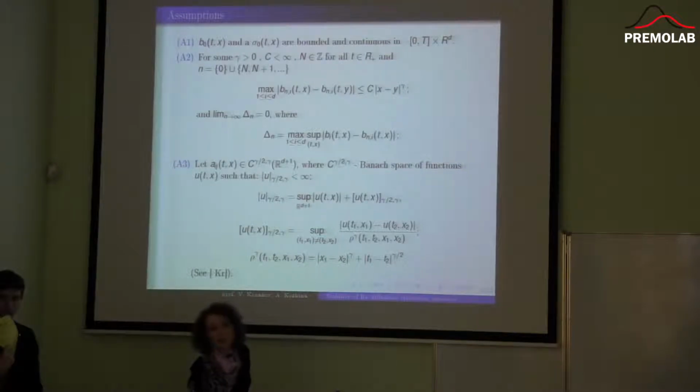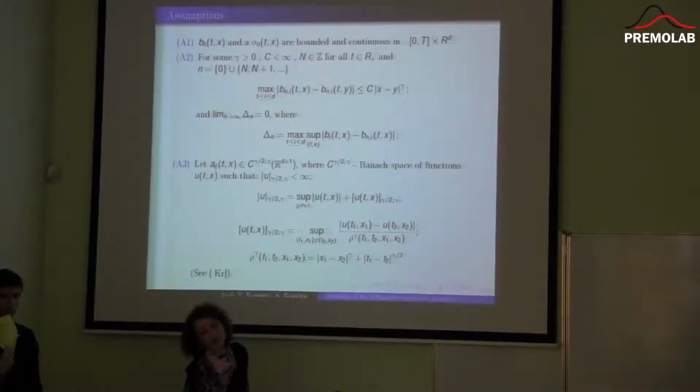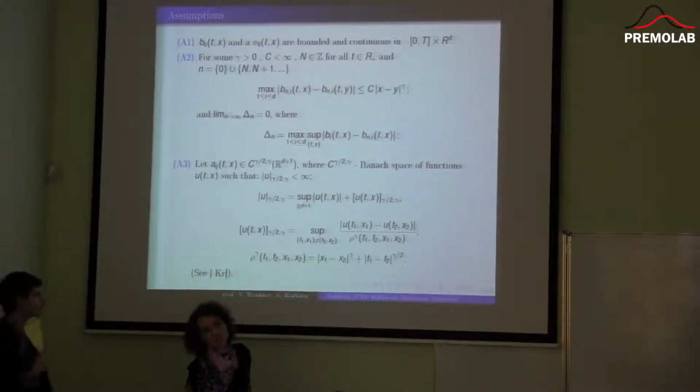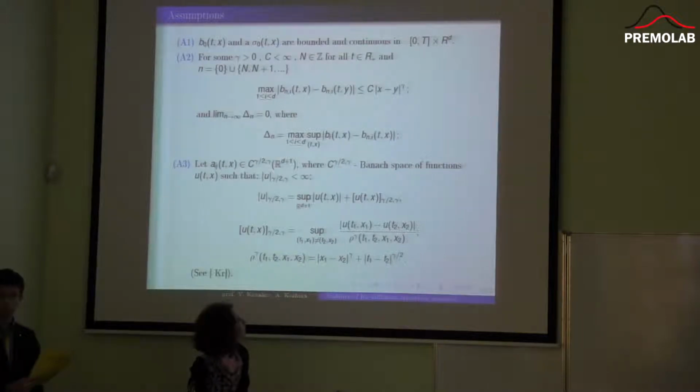It's enough to consider T1 equals T2 in this paper, and it's enough to consider simply the Hilbert space without time and just say that the constant is uniform in T. Hilbert space is some uniform constant. It's a little bit bigger because it's also possible to impose such an assumption.